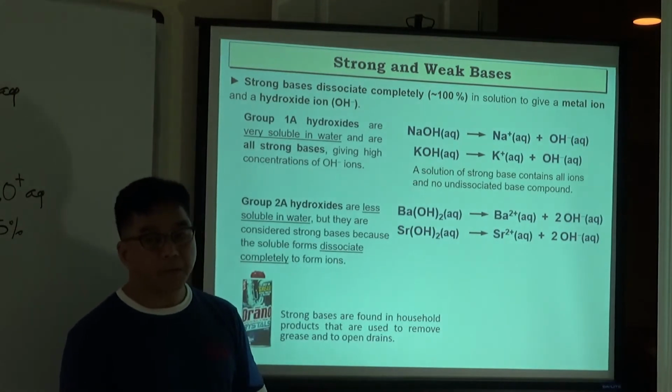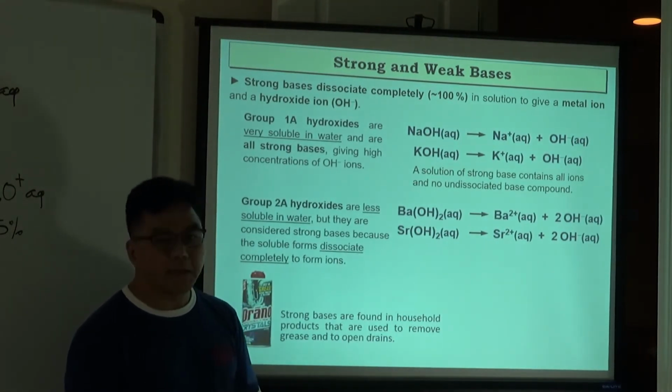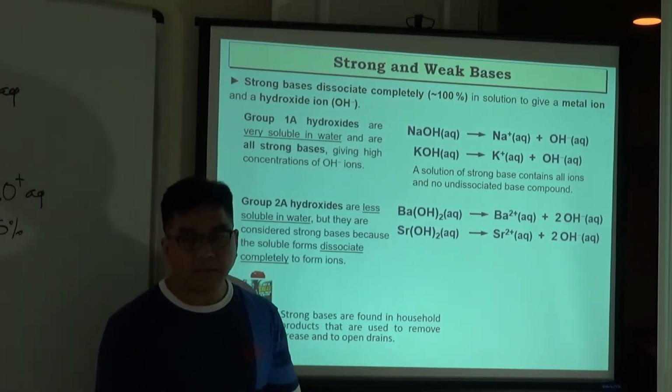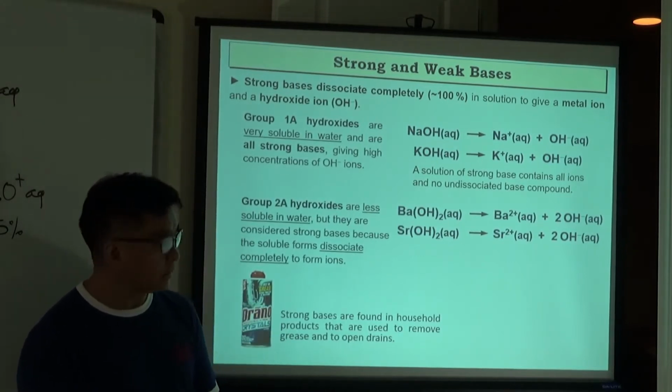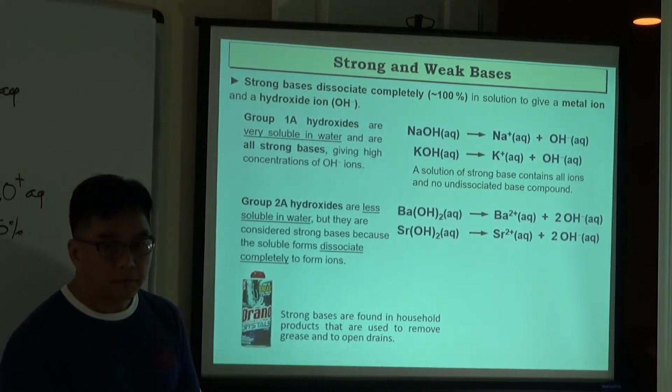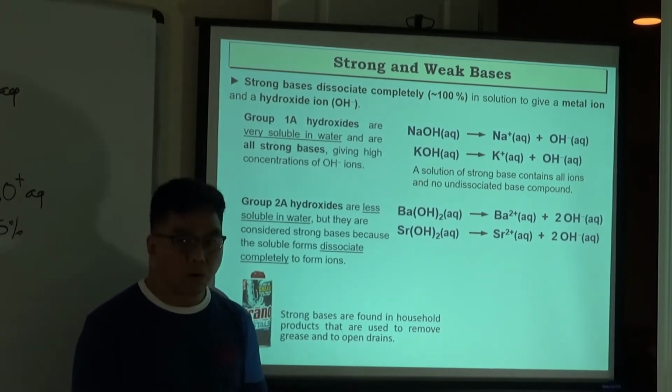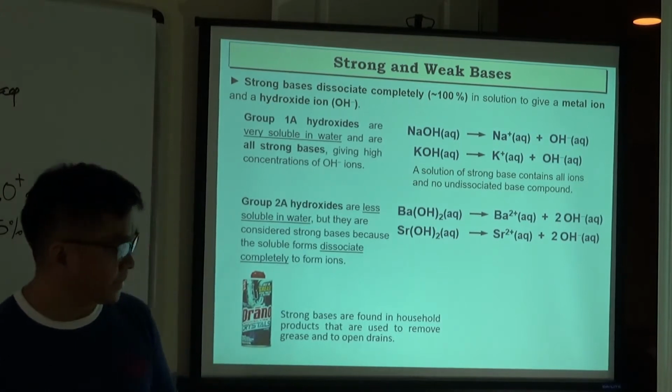Therefore, some chemists or scientists consider that a weak base instead of a strong base. If you read different textbooks, they give you different ideas. So anyway, we're going to make a list of strong acids and strong bases, and we're going to go by that list for our purposes.